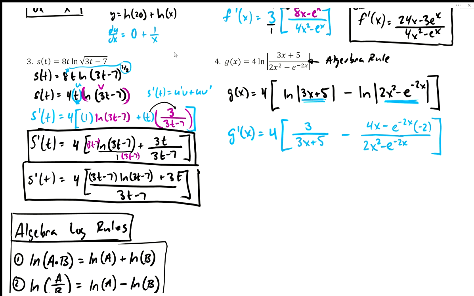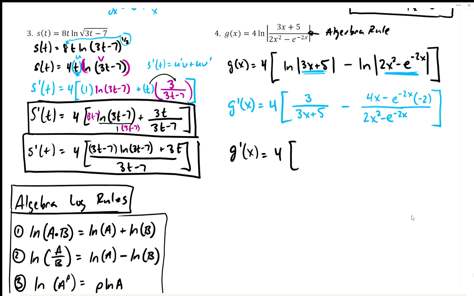Okay, looks good. And then after that, we would just look to simplify or rewrite. So we've got g prime of x is 4, and then 3 over 3x plus 5 minus, okay, so it looks like, let me highlight this negative 2 and that negative, we should change to be plus.